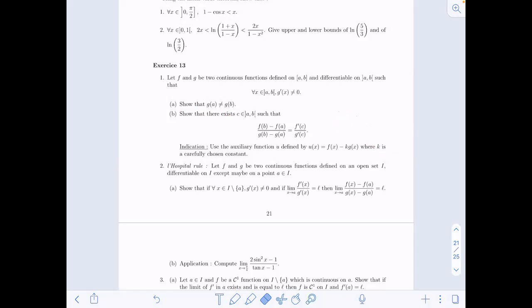Can you just use the contrapositive? Let me think. You probably can. Because g(a) equals g(b) implies there exists a c so that g'(c) equals 0, and so the contrapositive is: for any c in (a,b), g'(c) is not equal to 0 implies g(a) is not equal to g(b).